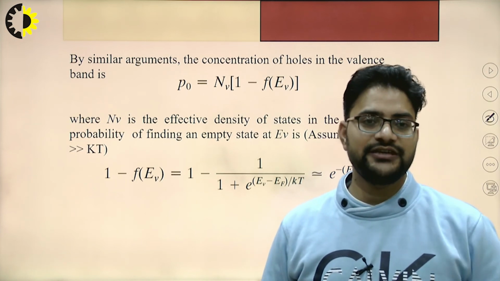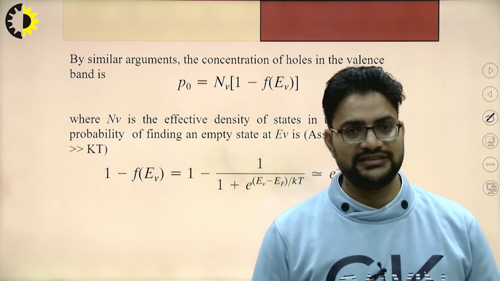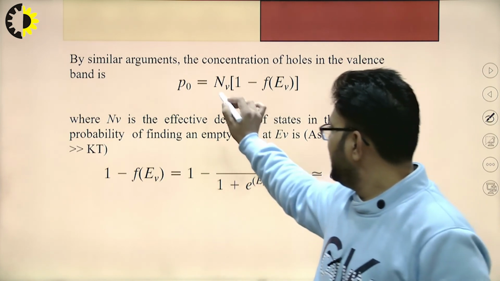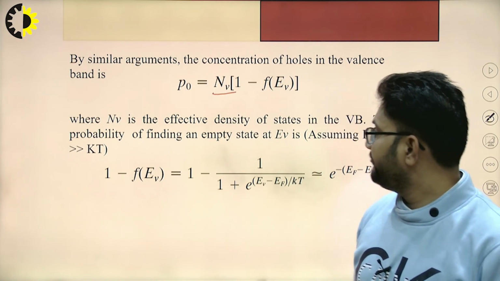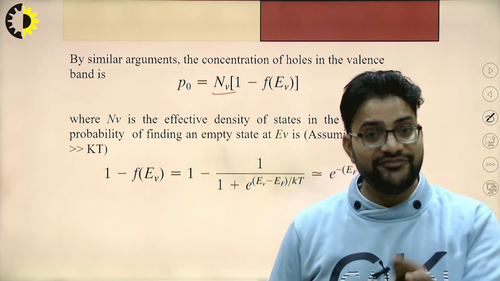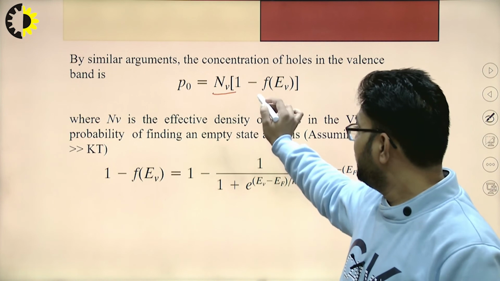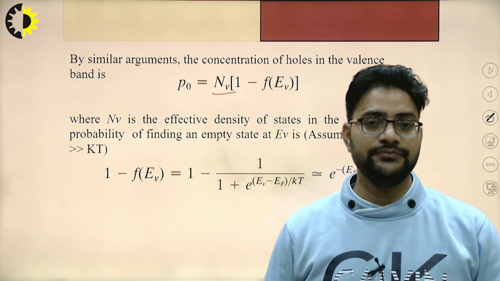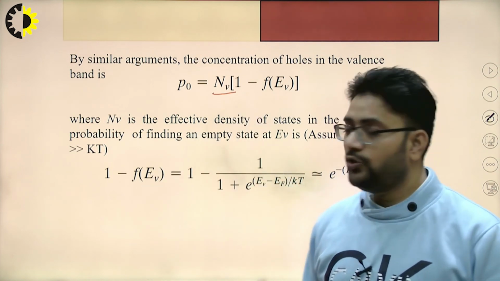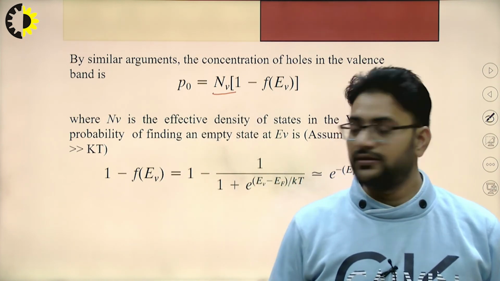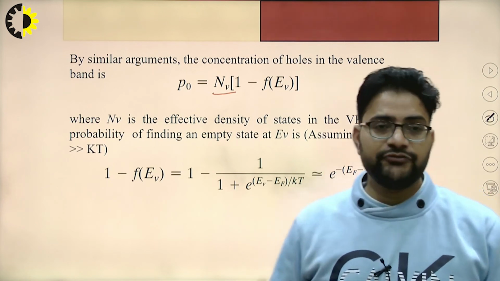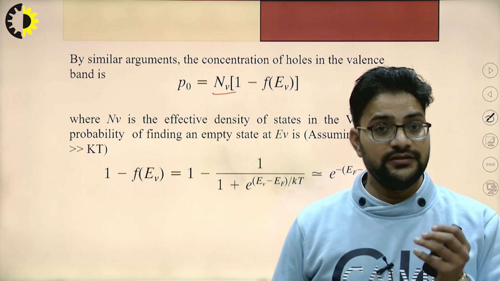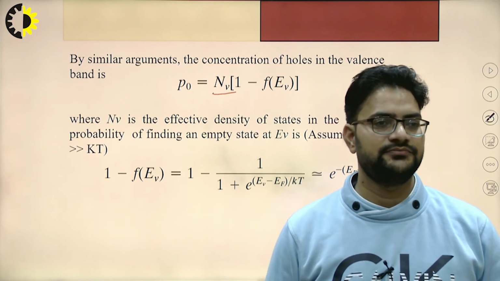Now, in the same way, we can also find the value of P naught, that is the hole concentration at equilibrium. It is given by NV, that is the effective density of states in the valence band, multiplied by 1 minus F(EV), which is the Fermi-Dirac function for the hole, right? So it is the probability of finding an empty state at the valence band energy level.